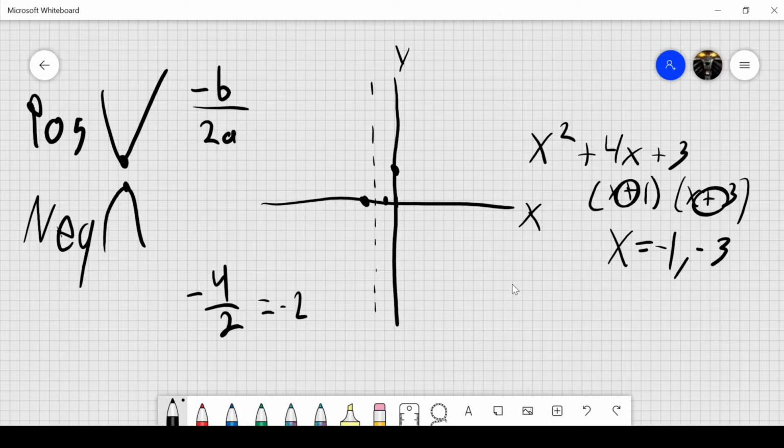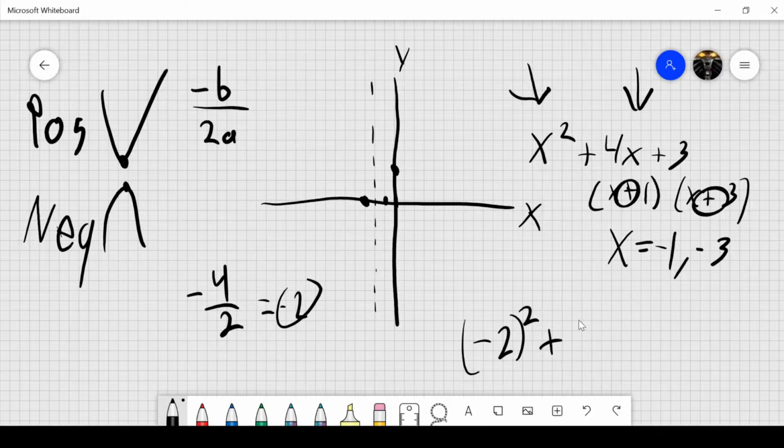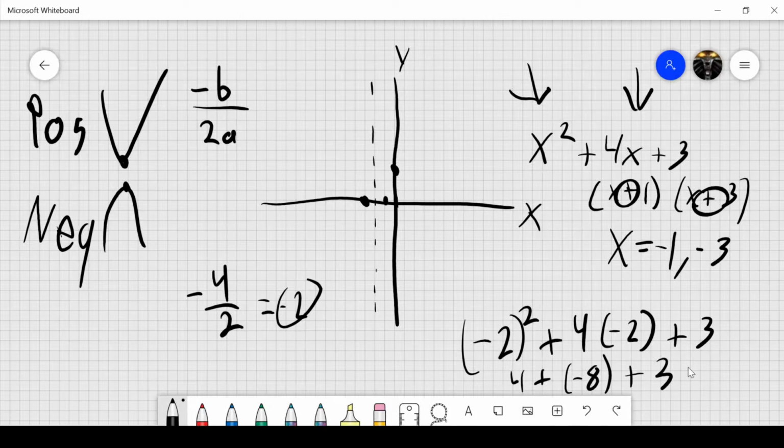Mechanically, all we have to do is plug -2 in for our x's. So -2 squared plus 4 times -2 plus 3. -2 squared is 4, plus -8, plus 3.